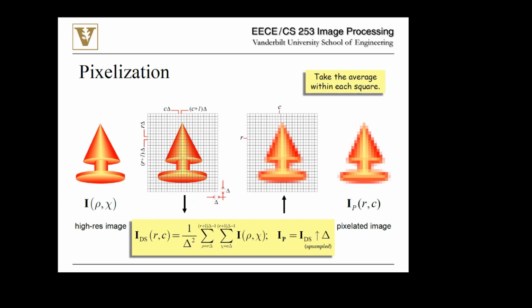So now we will take this image, and this is the way to express this upsampling. If we put this operator by a factor delta, then we are back to the original size.